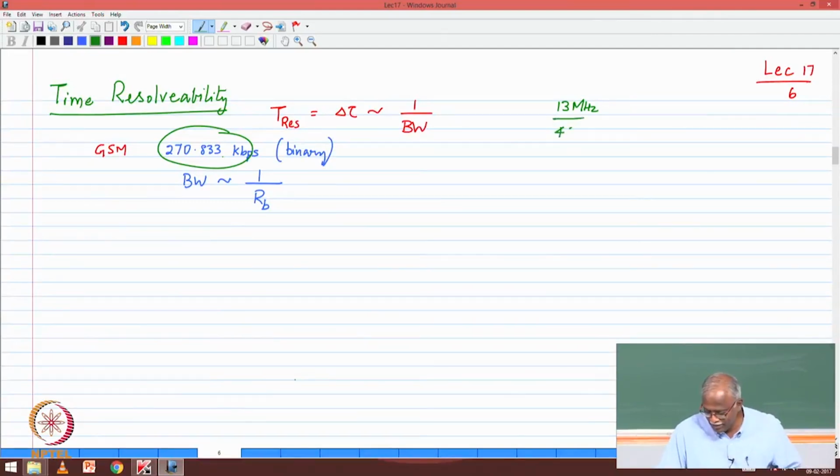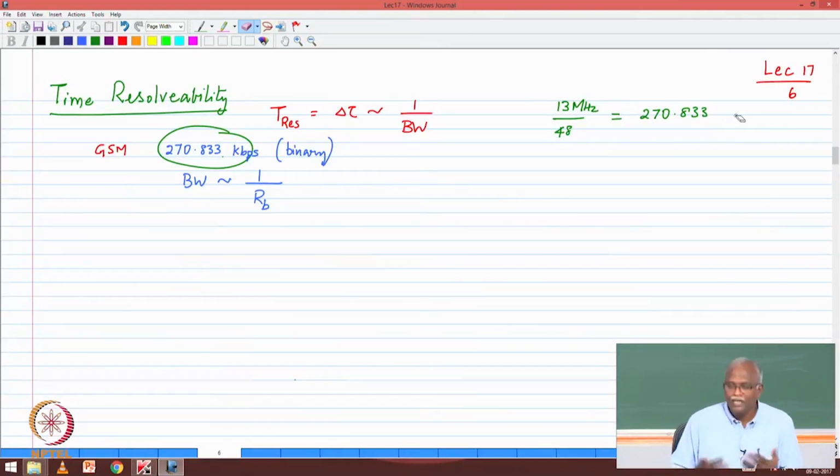So 13 megahertz by 48 is 270.833. In case you are ever wondering why 270.833, it has nothing to do with what the number looks like. It's a derivative of the 13 megahertz clock, and it was found convenient in terms of the design of the system. Now, that's not important for us.